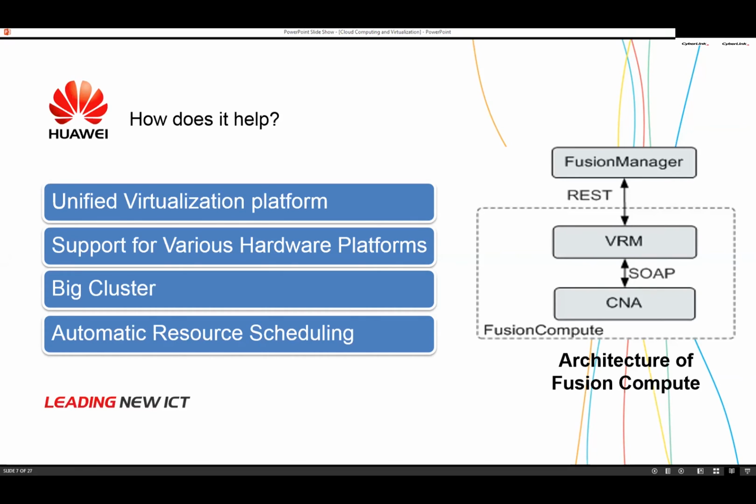This feature provides the following functions. For instance, automatic resource scheduling, including load balancing mode and dynamic energy saving mode. We can manage VM lifecycle, including creating, deleting, starting, restarting, hibernating, and waking up virtual machines. We can manage storage resources. This one includes managing common disks and shared disks.